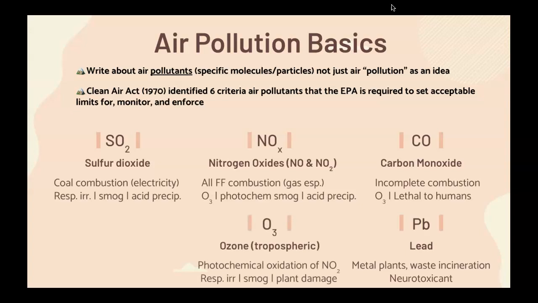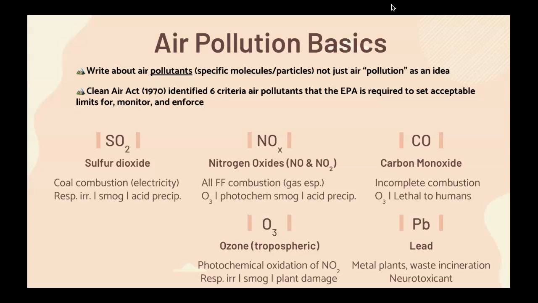Ozone at the tropospheric level is also a criteria air pollutant, and it's coming from essentially the photochemical oxidation of nitrogen dioxide. So that nitrogen dioxide, when it gets into the air, it reacts with sunlight and it's going to form ozone.